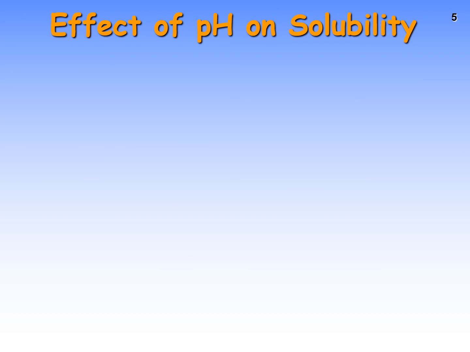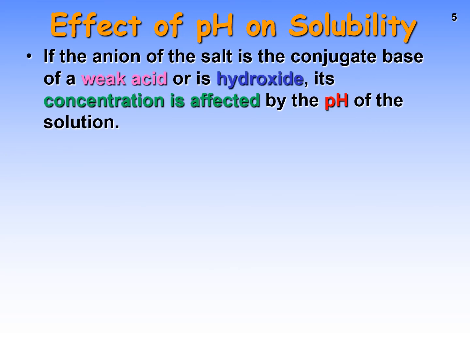So let's talk about pH and its effect on solubility. If we have an acidic or basic salt, pH will affect its solubility. This is basically going to just be a summary of how to determine whether a salt is weak, acidic or basic or neutral, which was something we covered in chapter 16.